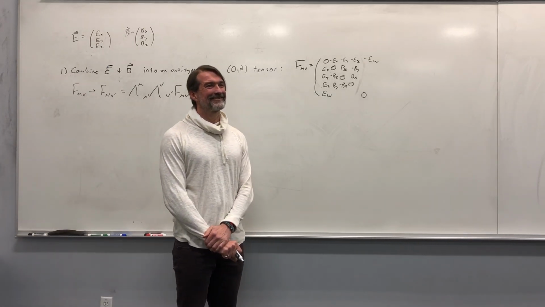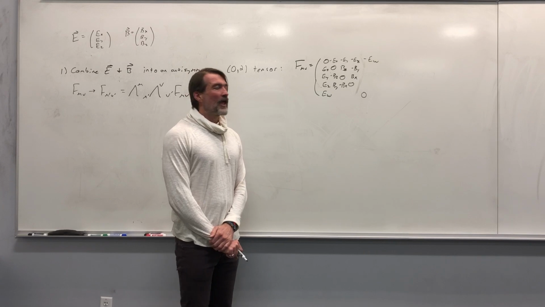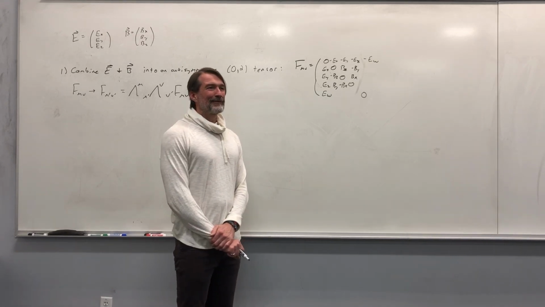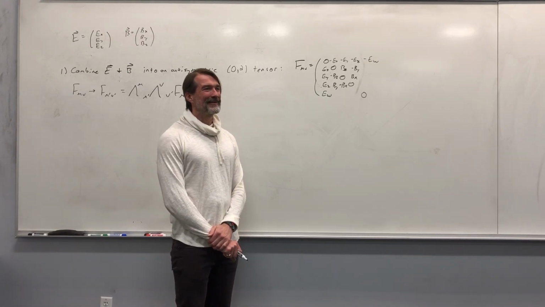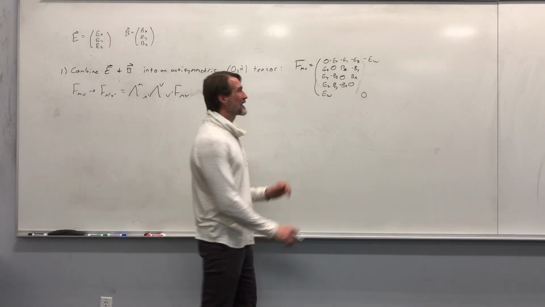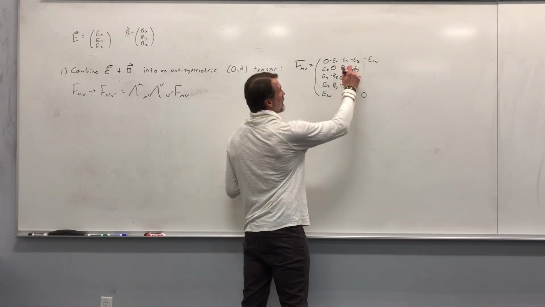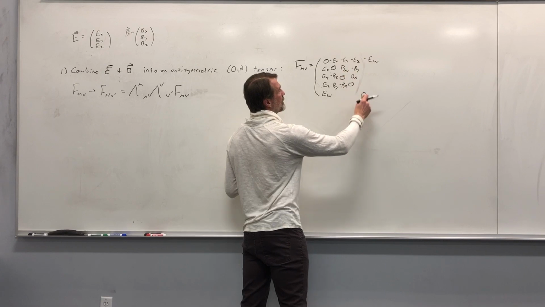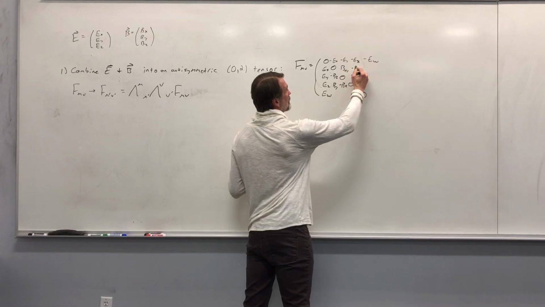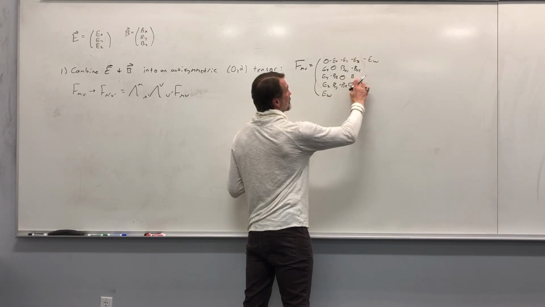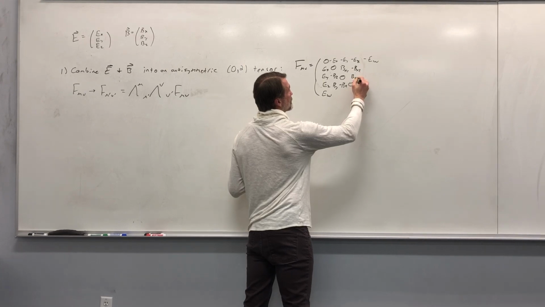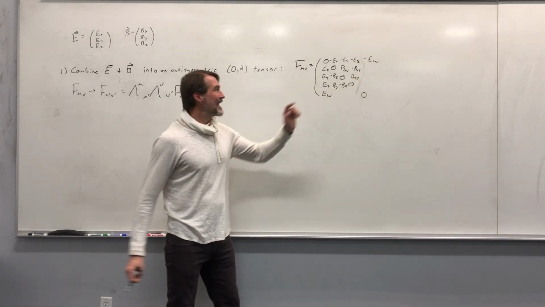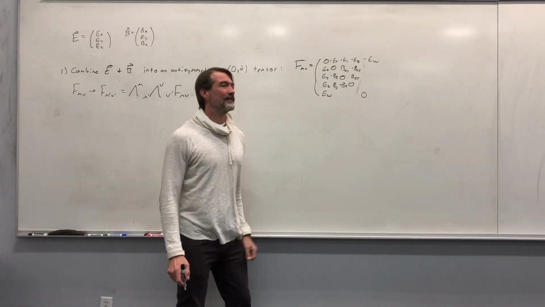Kind of crazy, isn't it? You know what I could do to label this to make the answer obvious? Instead of calling this BZ, I could call it BXY. Instead of calling this BY, I could call it BXZ. And instead of calling this BX, I could call it BZY. Now you can guess what goes here.